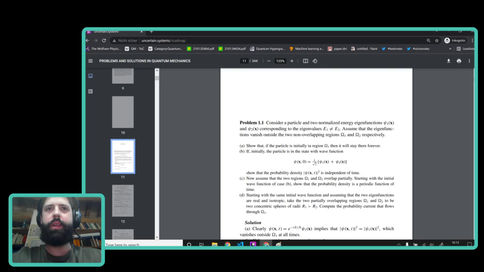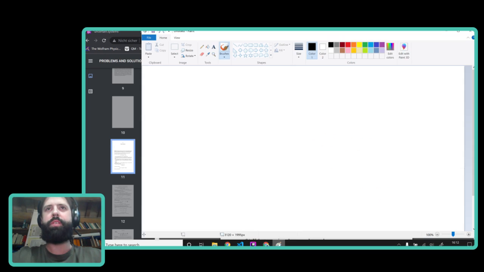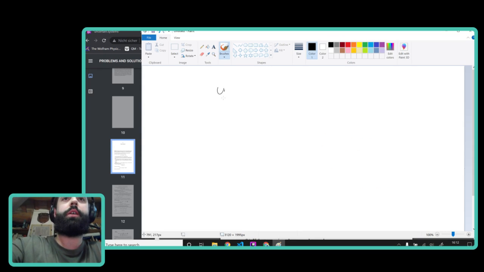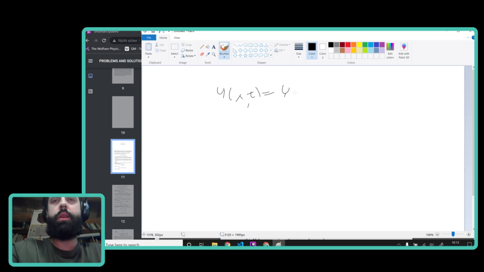So we're in part B, and we wanted to show that this is independent of time. Initially, what we said was, well, we have the psi of x and t. Sorry, the other way around.